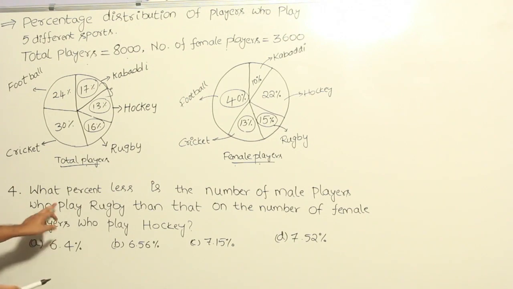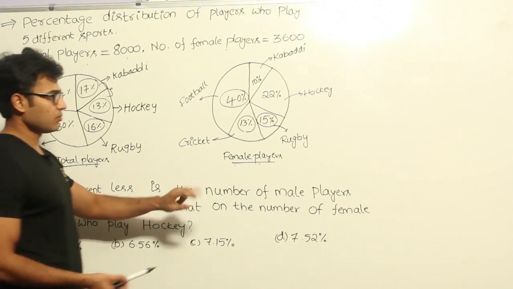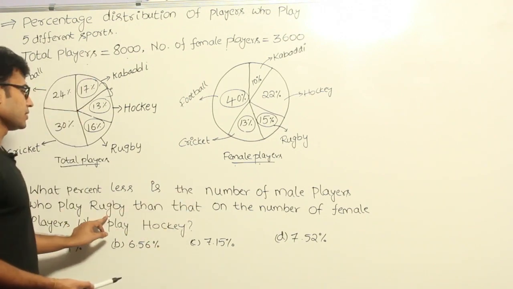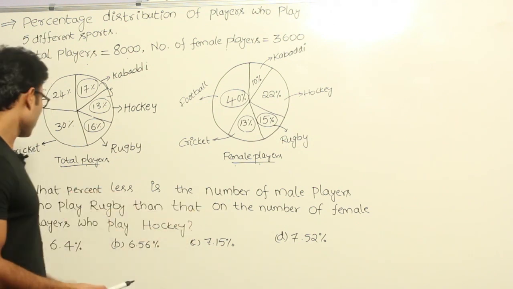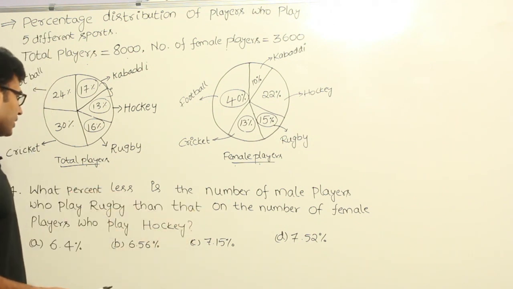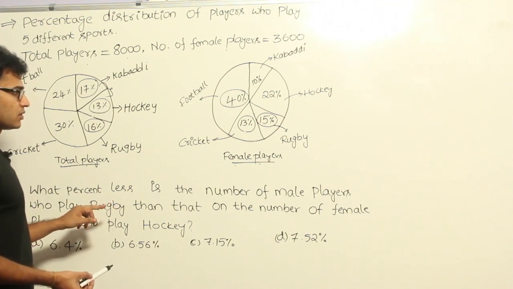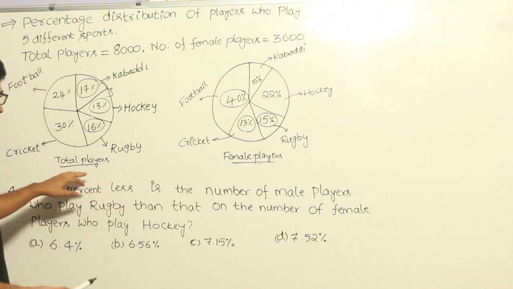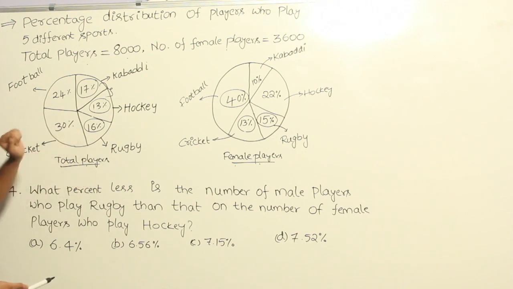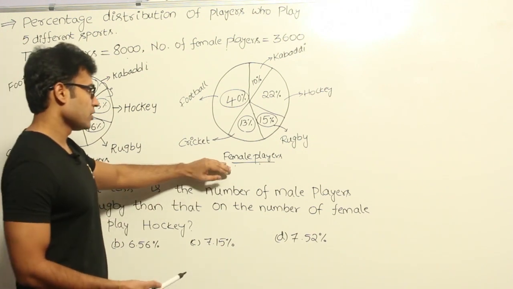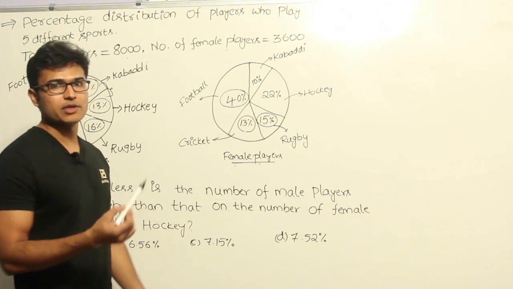Now let's see this question. What percent less is the number of male players who play rugby than the number of female players who play hockey? So now we are supposed to find out how many male players are playing rugby. In order to find it out, find the total number of players who are playing rugby, then find the total number of female players who are playing rugby, and find the difference.